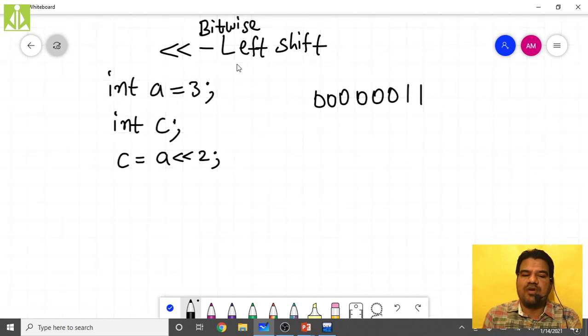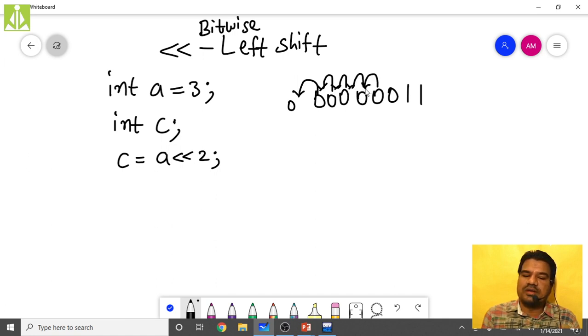Performing bitwise left shift involves shifting all the bits towards the left direction. So this 0 will come over here, this 0 here, this 0 here.